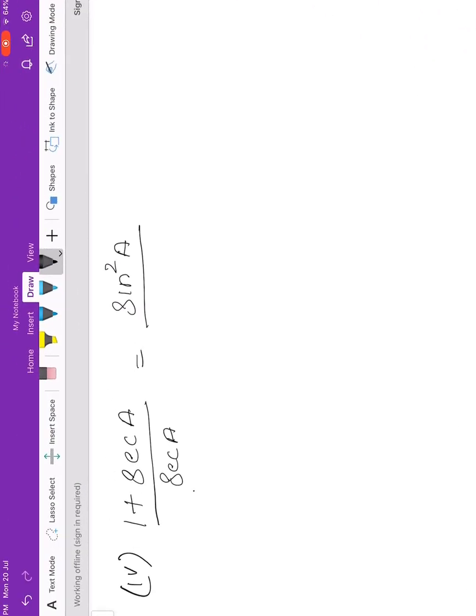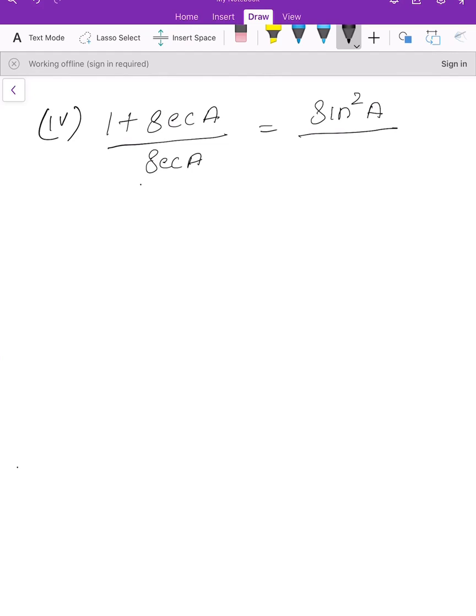My fourth sum from fourth subdivision, from sum 5, exercise 8.4, trigonometric identities, from chapter 8, introduction to trigonometry, is: (1 plus secant A) by secant A is equal to sine square A by (1 minus cos A).